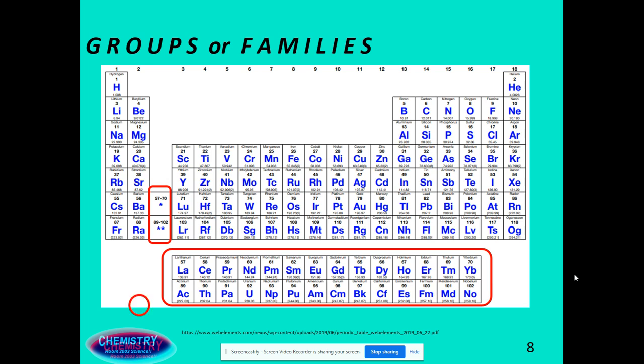But you will also notice group 2, group 3, and in the gap there is no group number or no family number. So the elements that are pulled out at the bottom of the table are not assigned a group or family number. They have a period designation, but they are not considered within one of the 18 groups or families of the periodic table. So with the exception of these 2 layers of elements at the bottom of the table, we can use the group or family number to reference an element's location along with the period.